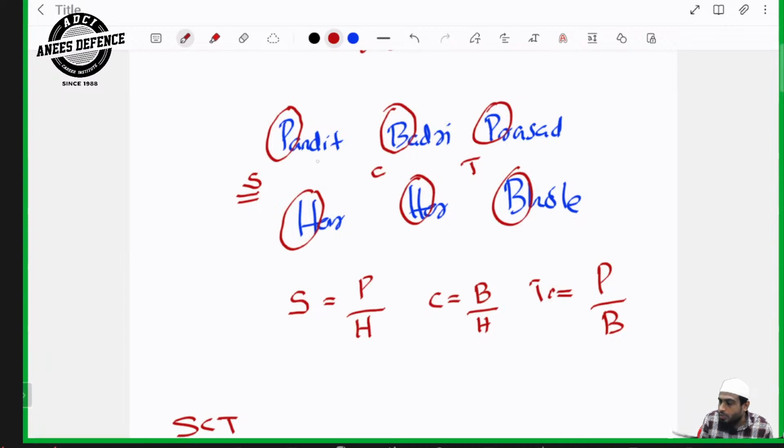In that case, Pandit Badri Prasad Har Bole is a commonly used phrase, so it is a little easier to remember. So sine means P by H, cos means B by H, tan means P by B. Immediately you will get it. That is actually a Hindi phrase.